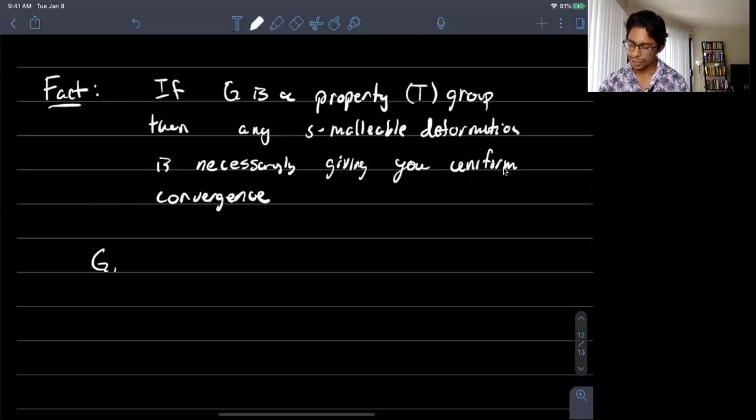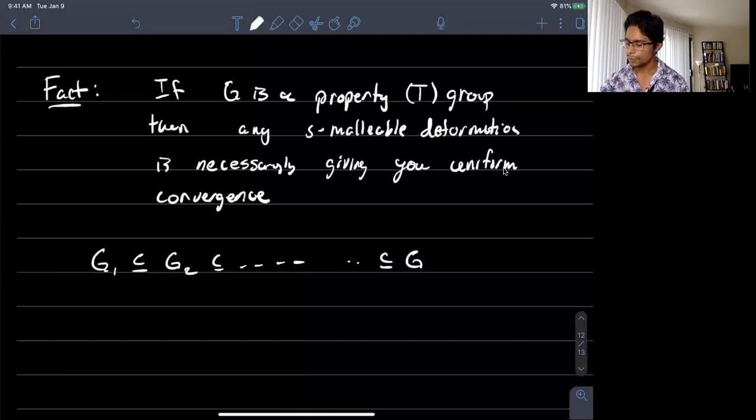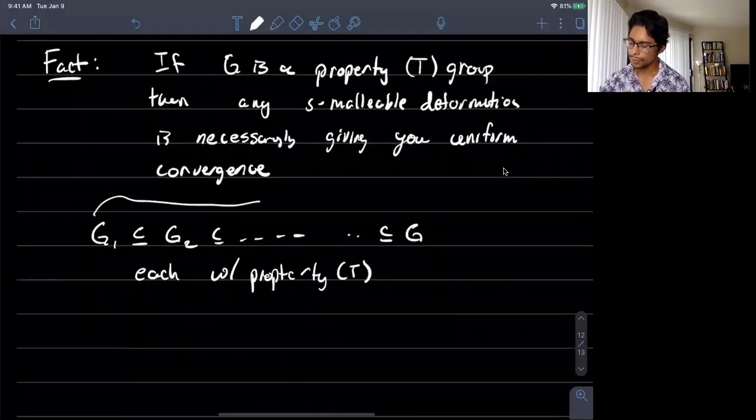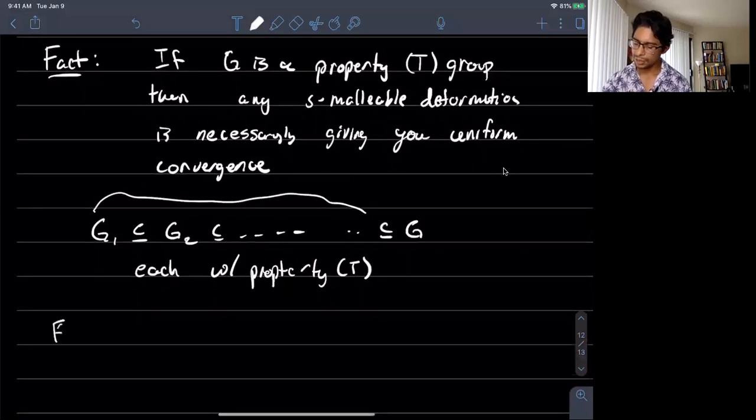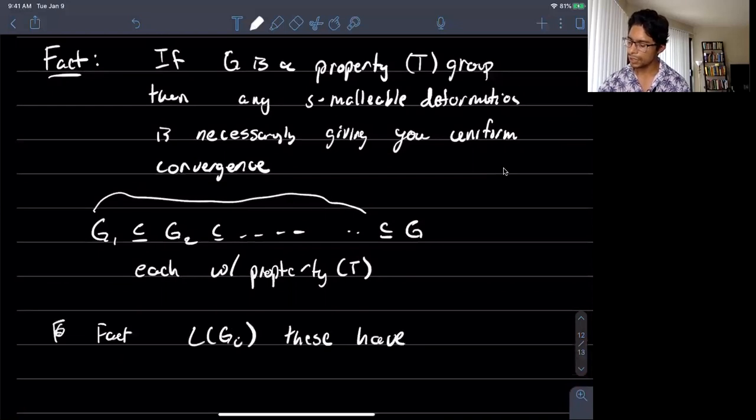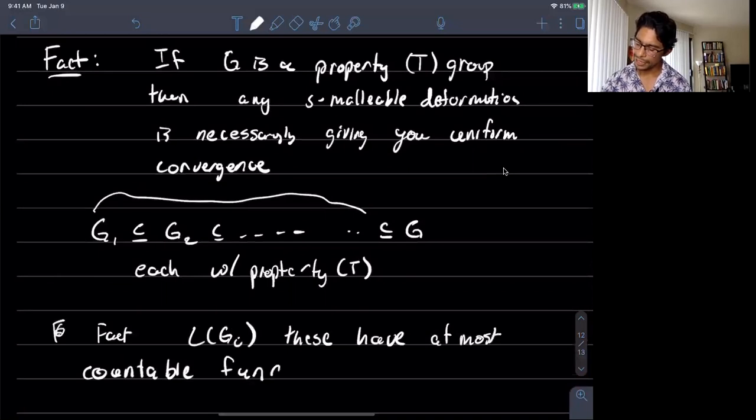Let's say you take a sequence of groups, G1, G2, all the way up to G, which increase up to G, each of which has property T. A nice fact of these LFGIs is that these have what's called at most countable fundamental group.